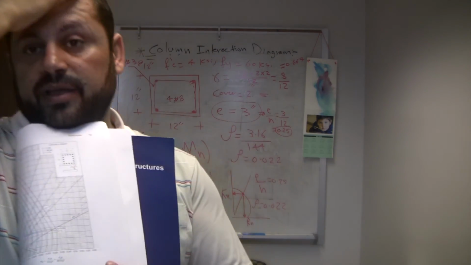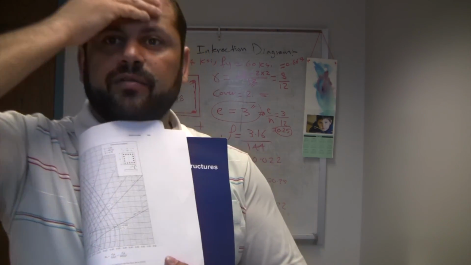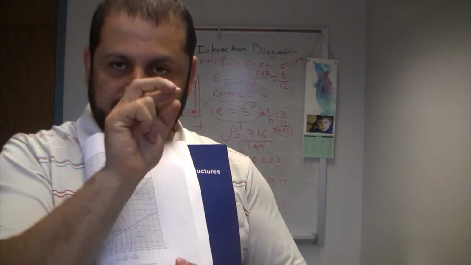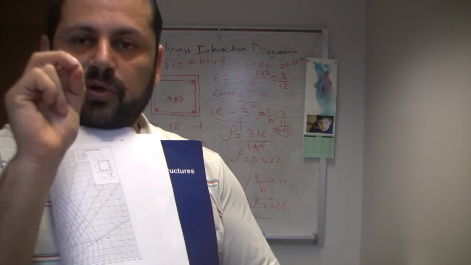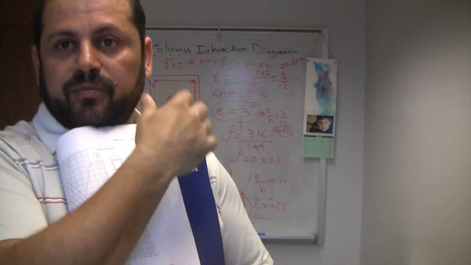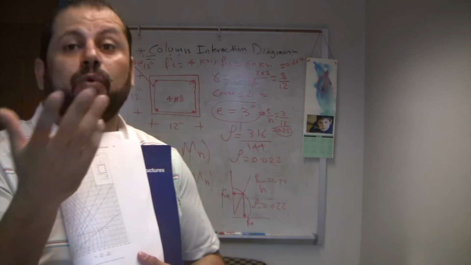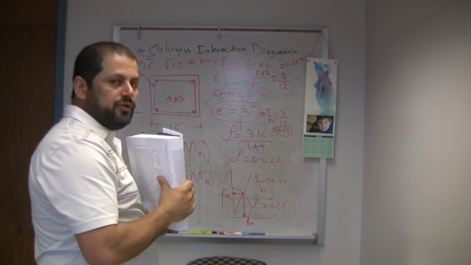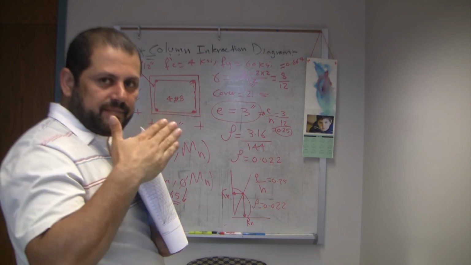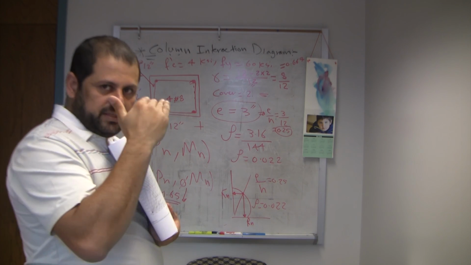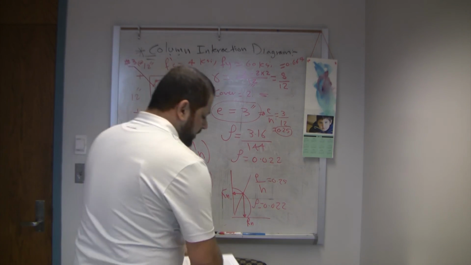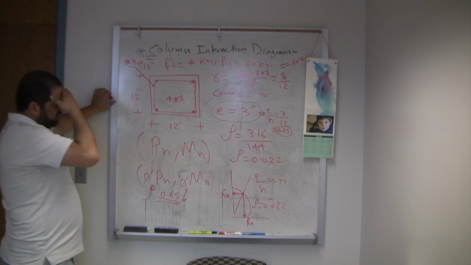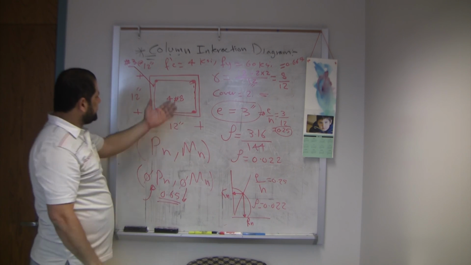Just to give you an example, if you get your Rn 0.14 or 0.15 and check the difference in the two moments, how much 0.14 will give you and how much 0.15 gives you for this column, you may find a difference of about 20 kip-foot in the moment. So be careful, try to get Rn to your best and don't round it up, round it a little bit lower than the value you have. Okay, so that's an example.